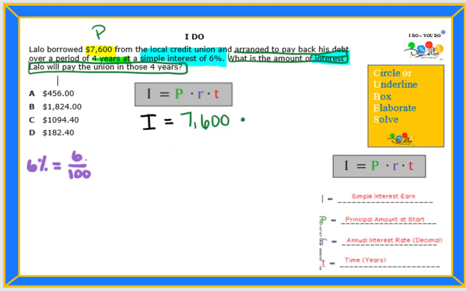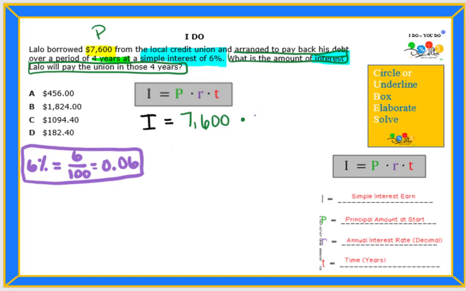So if we move 2 places to the left, we go 1, 2, and we have to put a 0 as a placeholder. So I like to look at this as 6 hundredths, 0.06. That is my percent rate turned into a decimal.